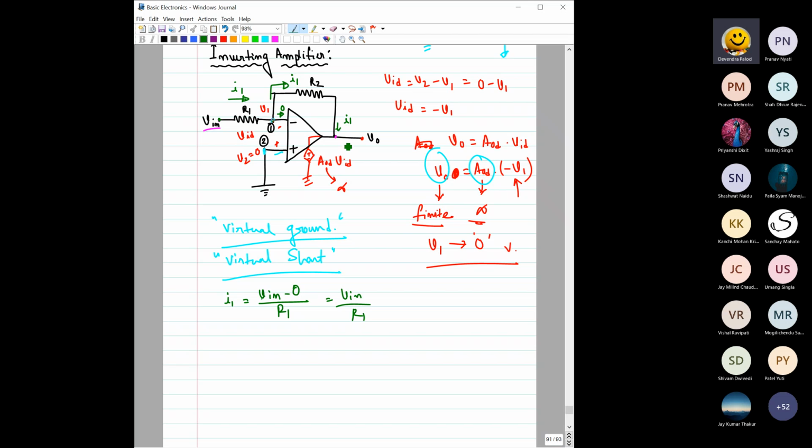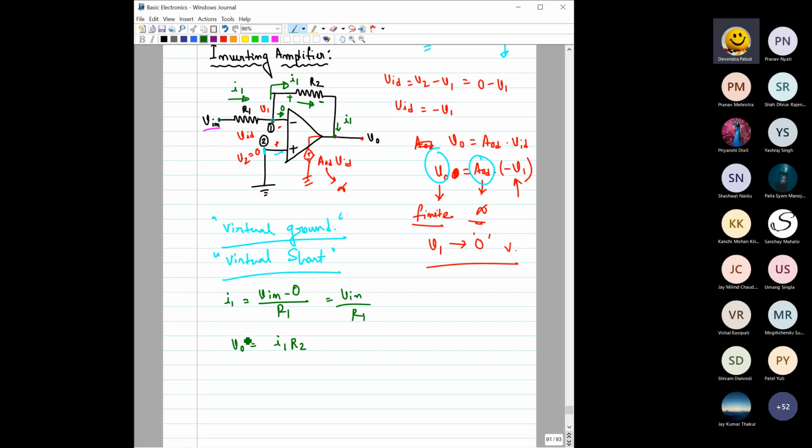Now, if you try to find V output from here, V output would be I1 R2. Should it not be a minus sign there? Because the current is flowing through like this, so this side would be plus, this would be minus, and this is grounded.